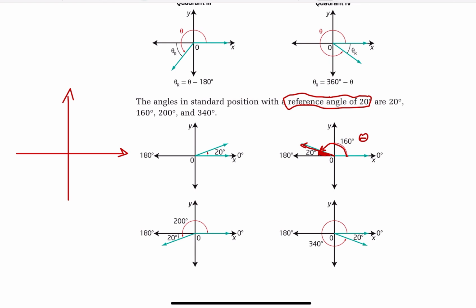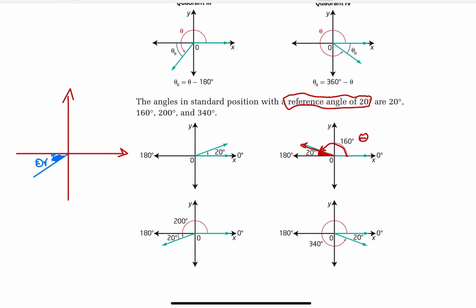I am giving you a reference angle like this. So this is my reference angle, and I'm asking you to find the original angle. So this is my theta r.